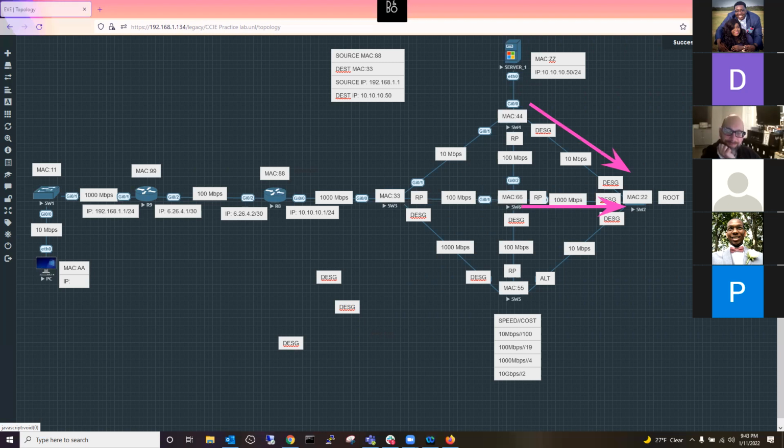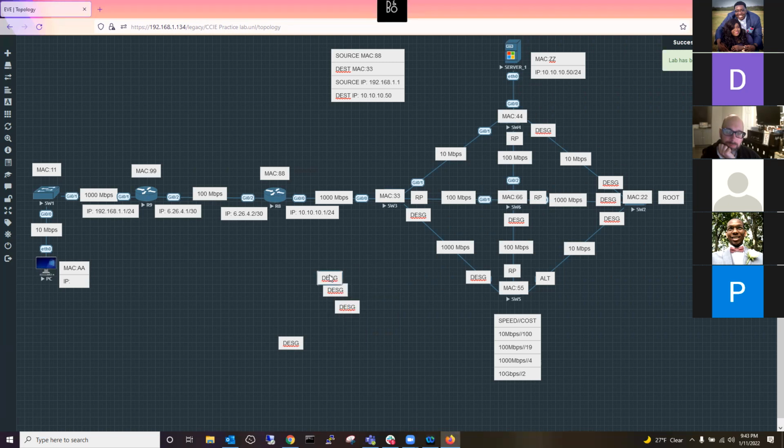So lowest, right? Now that we identified which one has the lowest cost, switch 6 is going to be the designated switch. What does that mean? That's a big word, but what does that mean? That means there's a selection process of blocking.